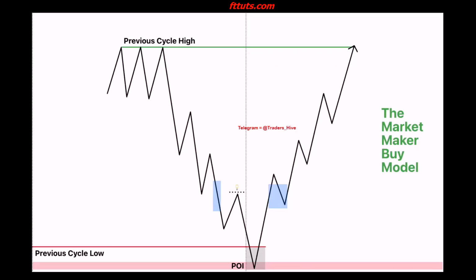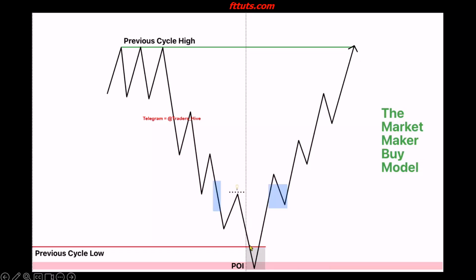if there is a real market maker model in play. And if you pay close attention to this chart and you just visualize or try to estimate where equilibrium is and where 75% of this range is, you can already see that 75% is around this price level right here, the price level of this high. Hey, what does that tell you?